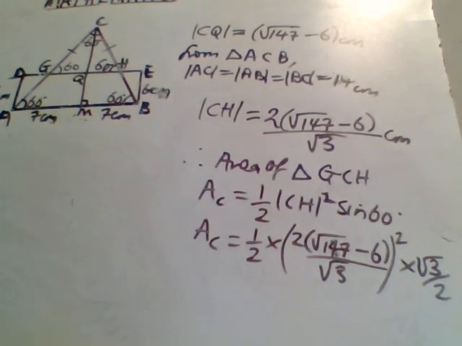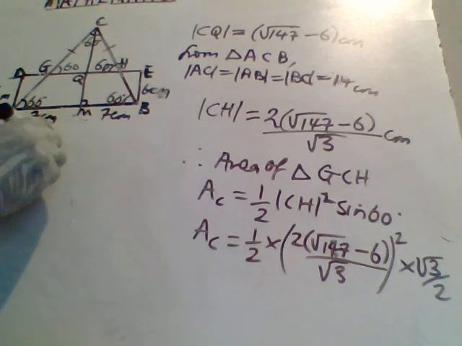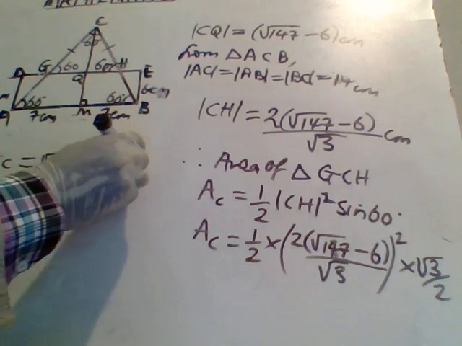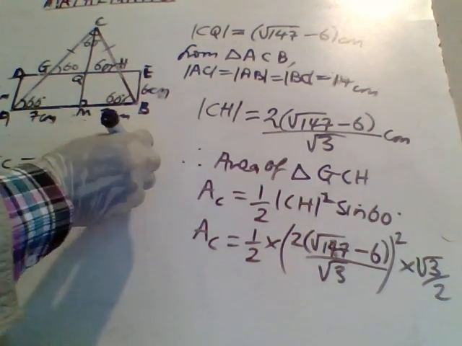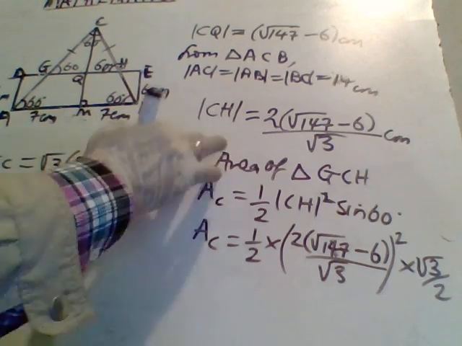Simplify that and then you multiply out. Solve it. Use your calculator to solve it. If you simplify it, you have root 3 in bracket root 147 minus 6, divided by, remember to put your square here, divided by 6, and then the unit cm squared.